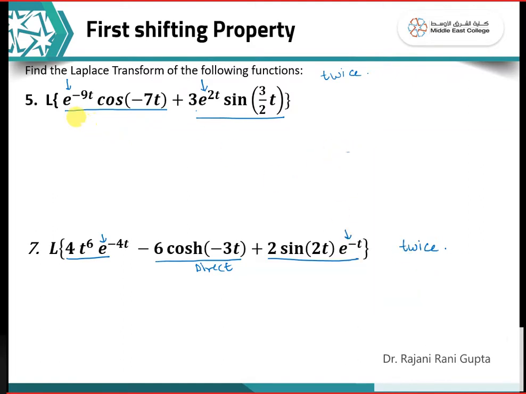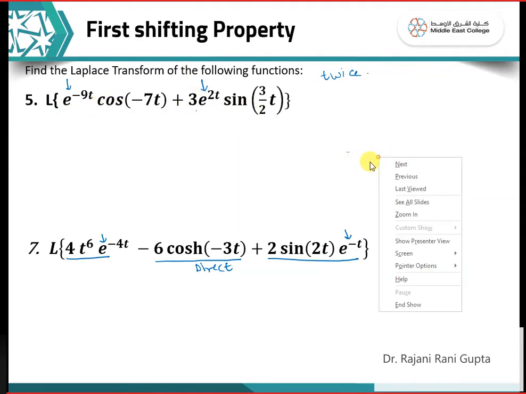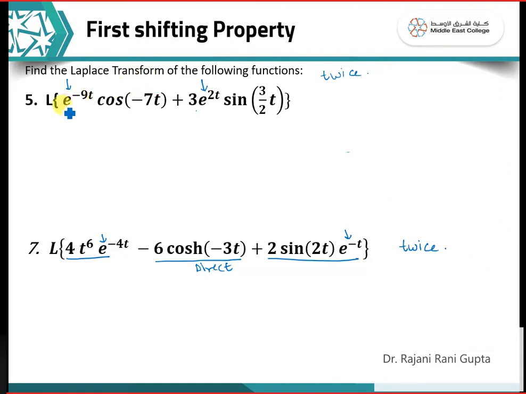So the first term, we have e power minus 9t and cos of minus 7t. This will give you s goes to s. Now it is minus, so it becomes plus 9.